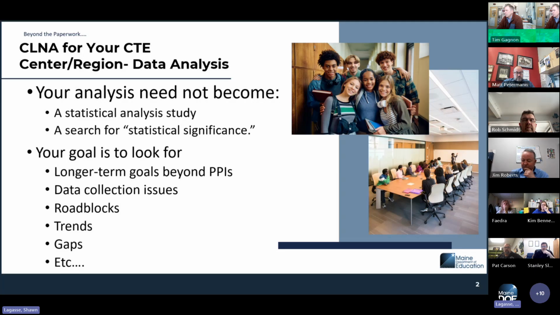And CTE is so unique in that sense that we have reports that are different than most schools think of. For example, one of our indicators is to collect data around what students are doing after they leave your school, after they graduate or leave secondary education.